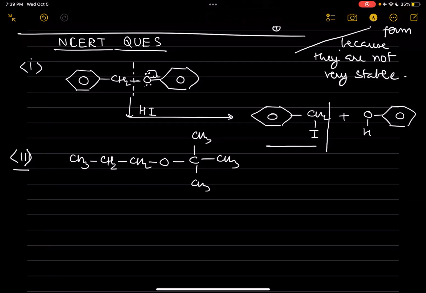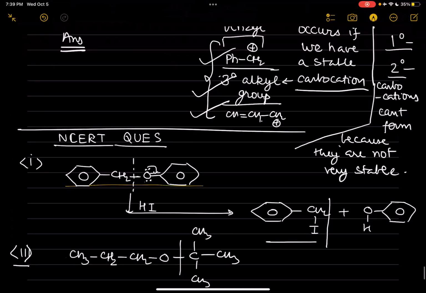First of all, think whether there is any group which can form a cation easily. Arshan, any group which can form a cation easily? Pardon? Yeah, tertiary. Exactly. Tertiary cations are very stable.